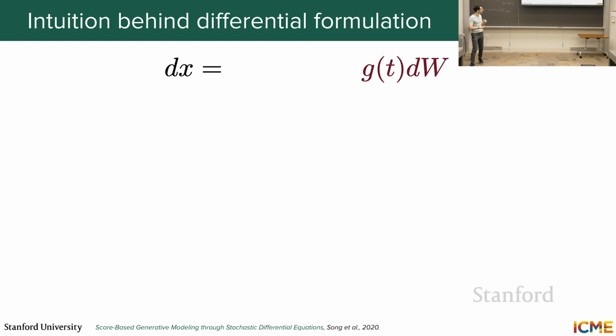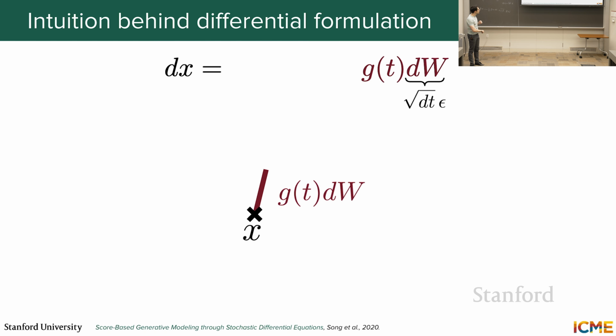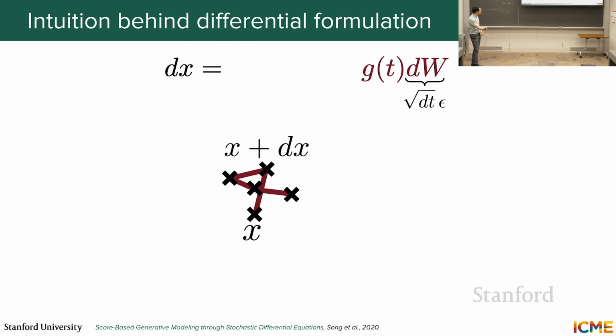Now let's look at what the second term does. So here, you start from a point x, and you add some quantity that is a function of noise, Gaussian noise. So here it's going to be something that is noisy, so the stochastic part.